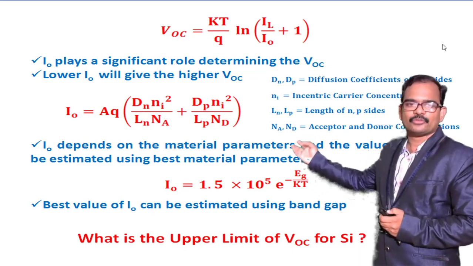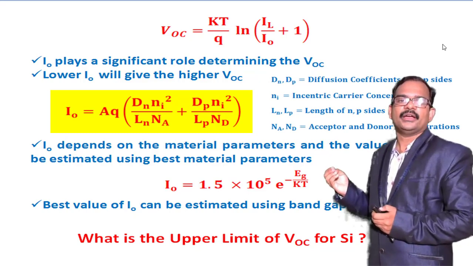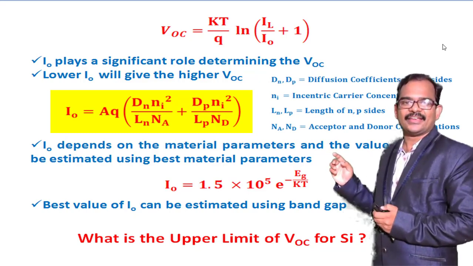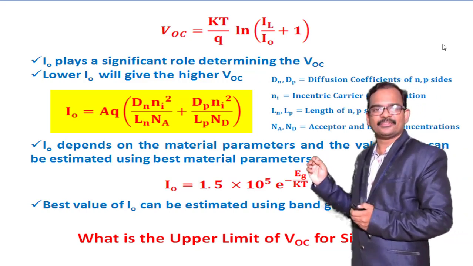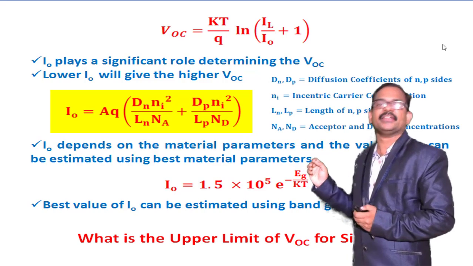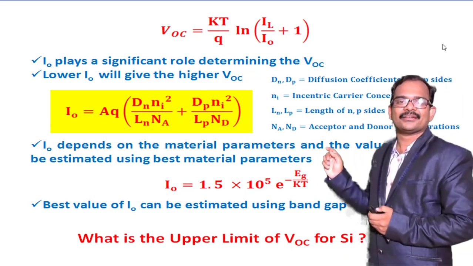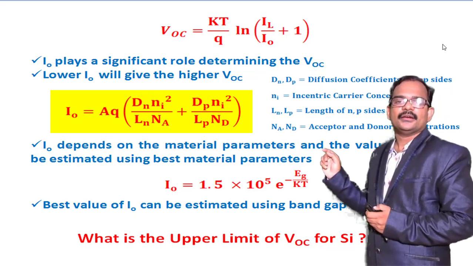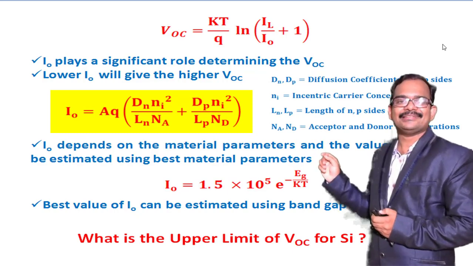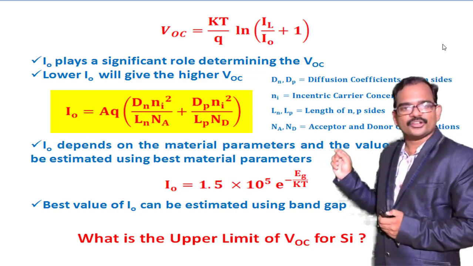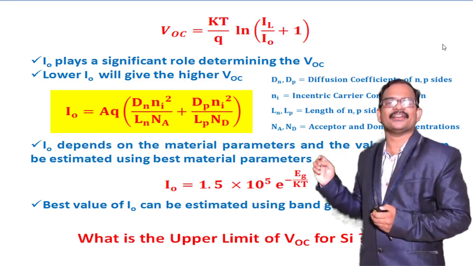So here we have come across an equation called the reverse saturation current equation. That is, I naught equals A Q into (Dn Ni square by Ln into Na plus Dp Ni square by Lp into Nd), where A is the area of the cell, Q is the charge of an electron, Dn and Dp are the diffusion coefficients of the N side and P side of a solar cell, Ni is the intrinsic carrier concentration, Ln and Lp are the lengths of the N side and P side.